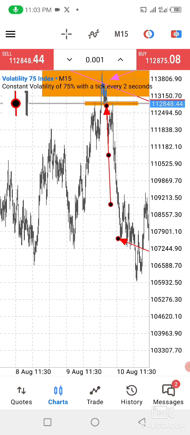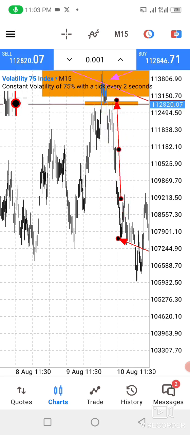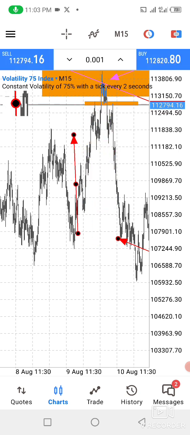Instead of respecting the support, it broke the support, so the support became a resistance. So we have obtained how many resistances? We have obtained 2 resistances. At least 2 resistances is okay to initiate an entry signal. So the first resistance is this, and then this is the second resistance.